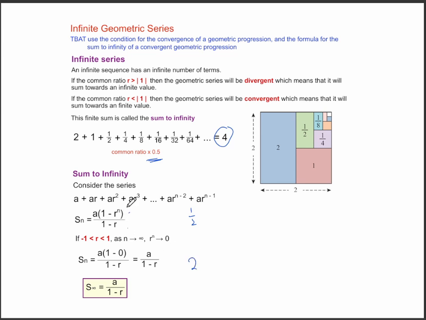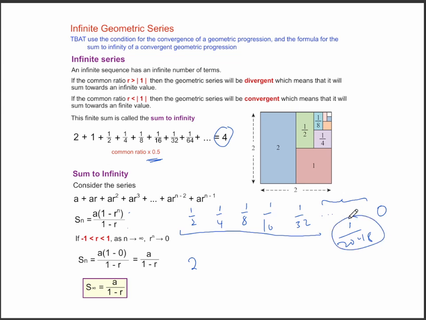Let's try to increase the value of n. A half power 1 is just a half. Half power 2 is 1/4, half power 3 is 1/8, then 1/16, and then 1/32, and it goes on. This is getting smaller and smaller, becoming closer and closer to 0. As n becomes very large, you get a number like 1/2048, which is extremely small.